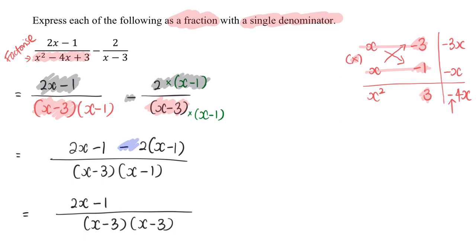I am going to expand this out, so it's negative 2 multiplied by x, negative 2x. Negative 2 times negative 1, positive 2. And so the final answer, let me just draw a straight line so that it's neater.